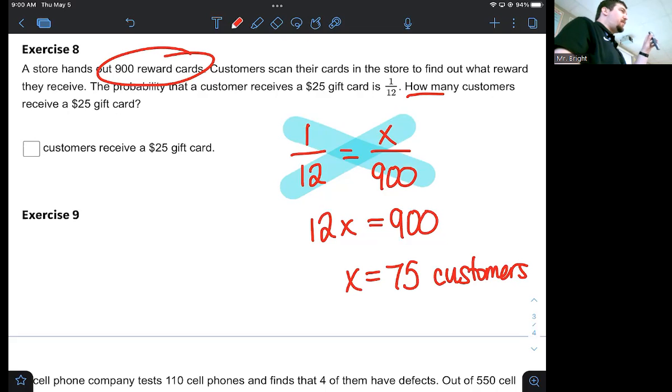You can take your probability decimal of just over 8% and multiply that to the sample of 900 cards. Times that by 900, and you get 75. So there's another way you could do it. Just have to show your work. Either set up a proportion or show me that you're multiplying the probability decimal to that 900.